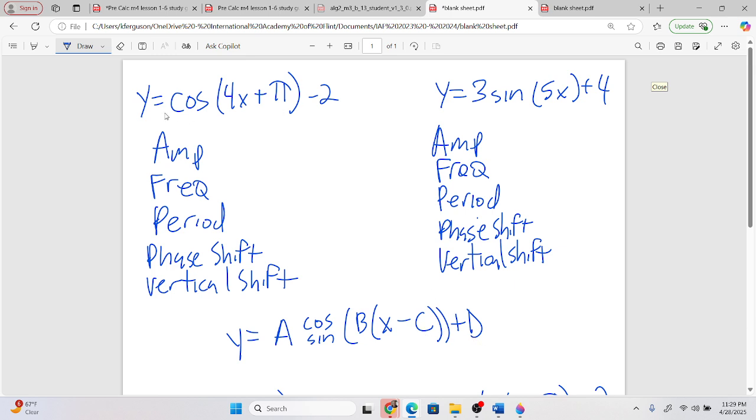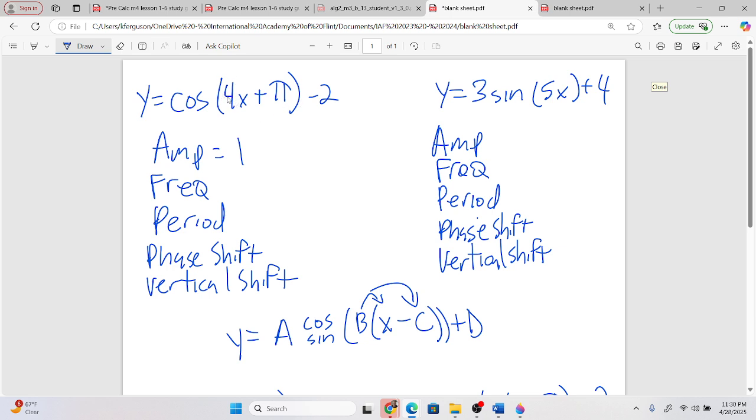So I'll look at this. I got no number in front. No number in front means the amplitude is 1. So this is a little misleading, so let's make sure we understand. See, b is the number that's being multiplied times x minus c. If it gets distributed, then it'll look like this, okay? But I need to pull that 4 out and think about what's going on here.